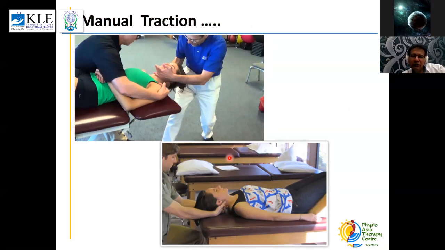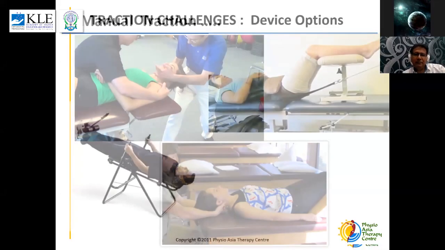Now, if such a traction force, which is applied in the axial direction, works great in the cervical region, why not in the lumbar region? Unfortunately, we can't do it. Manual axial force is not easy in the lumbar region, because the sheer weight and volume of the patient make it very difficult. The only way to go is the mechanical way.